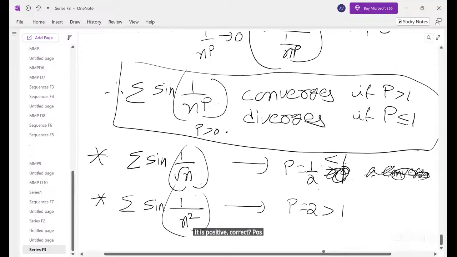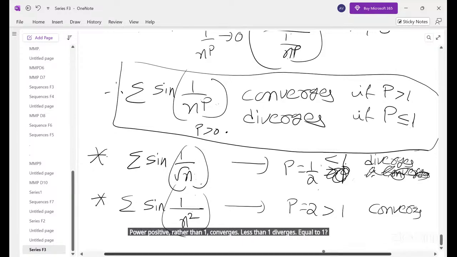Positive, but less than 1 means diverges. Apply like the p test: power positive greater than 1 converges, less than 1 diverges, equal to 1 diverges.